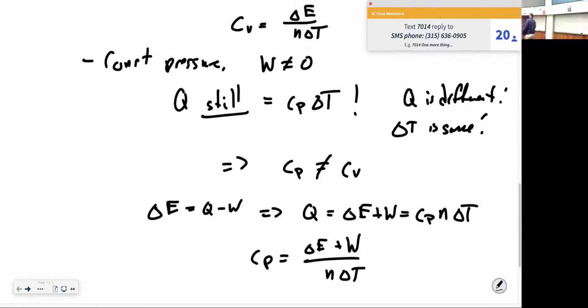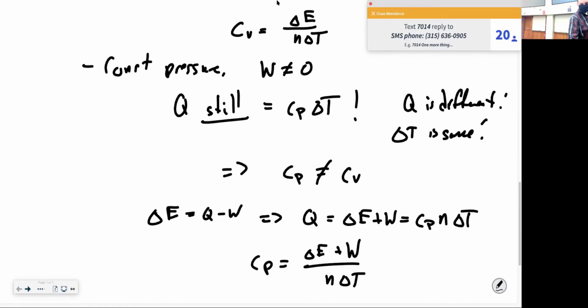Which must be bigger, Cp or Cv? Cp. Why? You're just adding on a work term. It's exactly the same, delta E over N delta T, and there's another term here, plus W over N delta T. And you're moving from cooler temperatures to warmer temperatures.